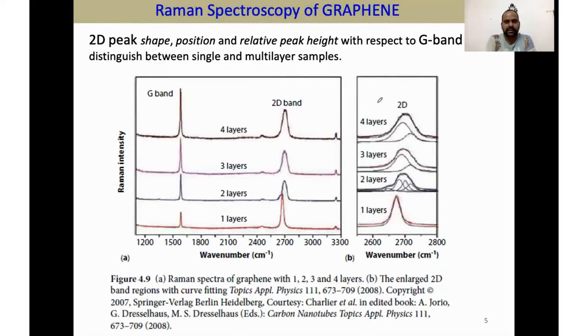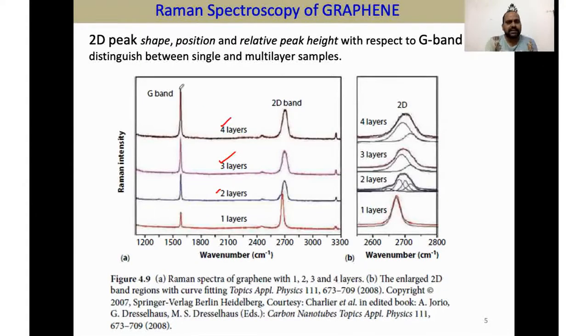See this data, I think it makes this very clear. So here we have the Raman data of 4 different samples: graphene which is monolayer, 1 layer, then the sample which has 2 layers, then 3 layers, and then 4 layers.